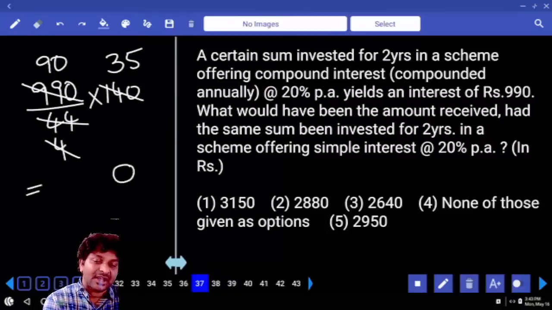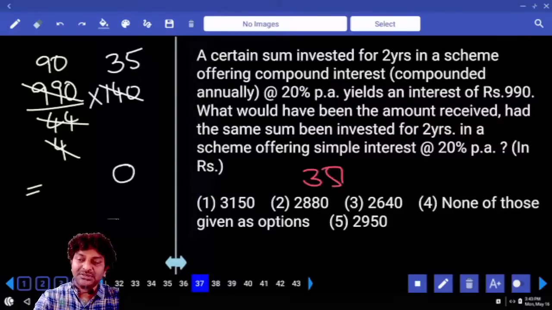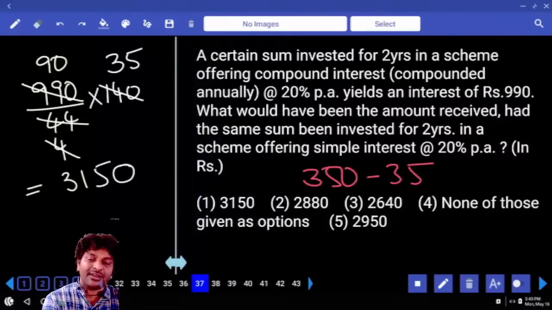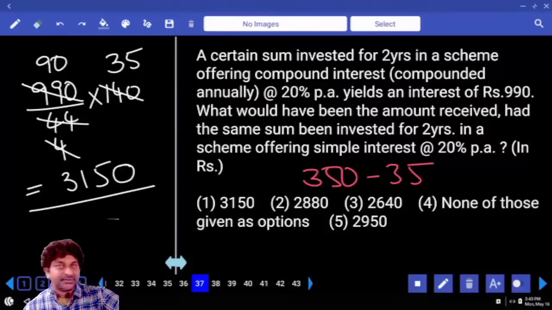As there is 0, I'll write 0. 35 9 times, 10 times minus 1 time, that is 315. Answer 3150, first option.